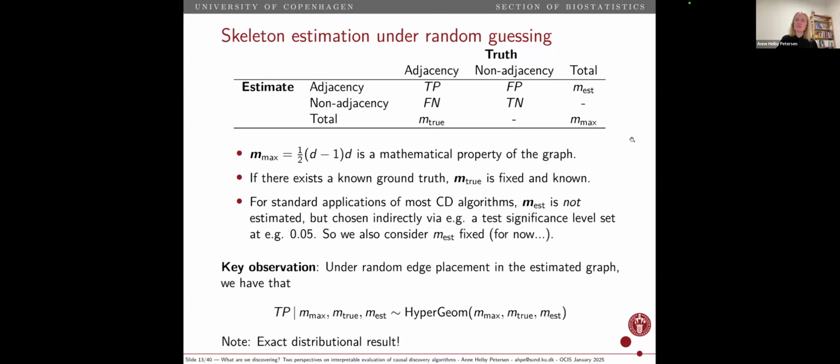You can also provide an argument using an ER-type argument, where you're sampling random edges independently, and you end up at the same result. So we can actually describe what number of true positives we should get under random guessing. And that leads to a number of, I think, useful results.